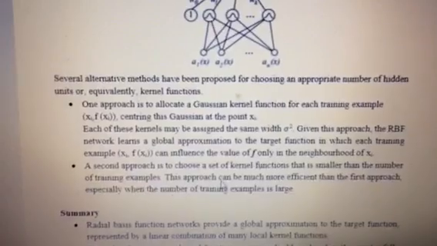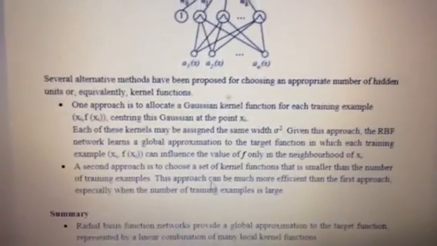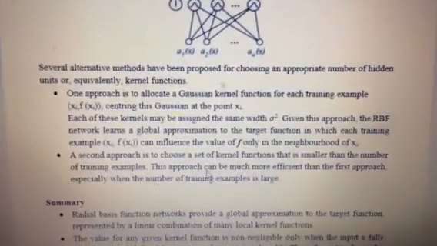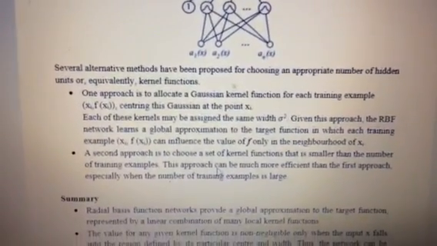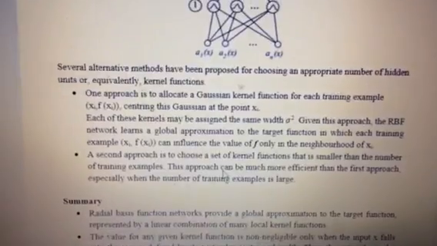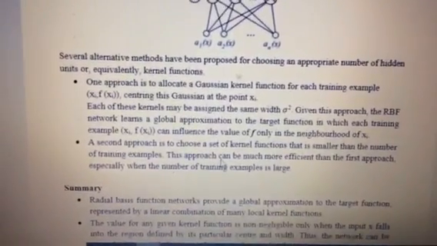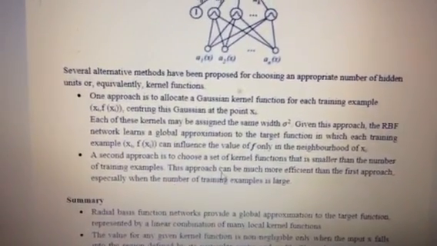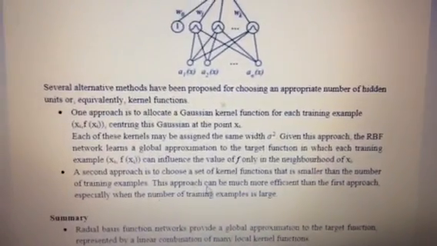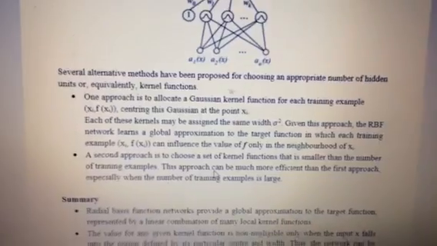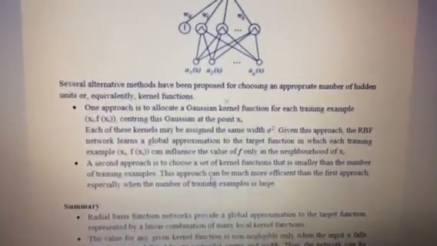I am going to choose a lesser value so that I cover the complete database. The advantage of a radial basis function is that it is more efficient when compared to a feed-forward network applied with the backpropagation algorithm. We have already studied the backpropagation algorithm in artificial neural networks.